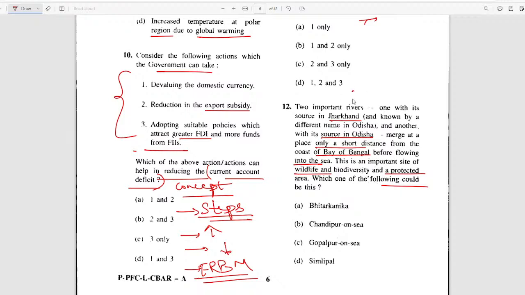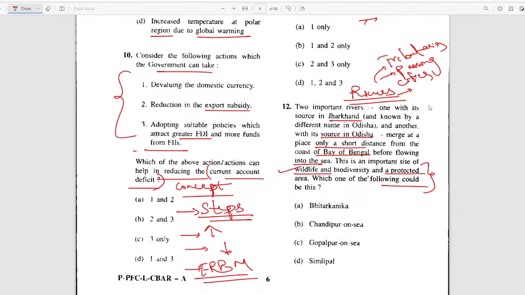So you have to at least go through the rivers, and if there are any sites of special biodiversity and wildlife importance in the current affairs, you have to go through that. This question is about rivers, so go through the major rivers and their tributaries, and whether they pass through any cities, wildlife sanctuaries or national parks.